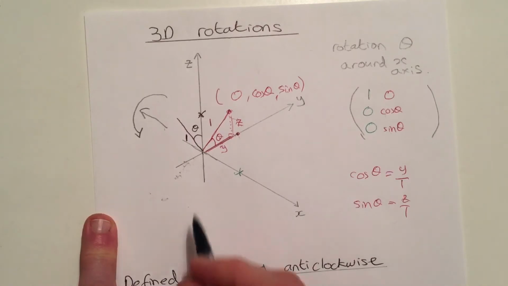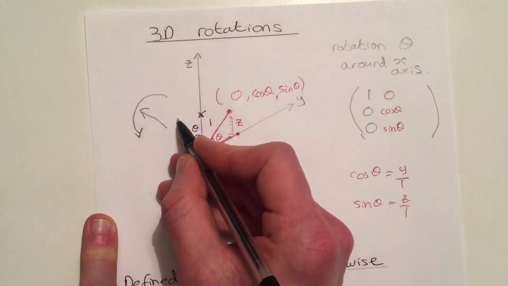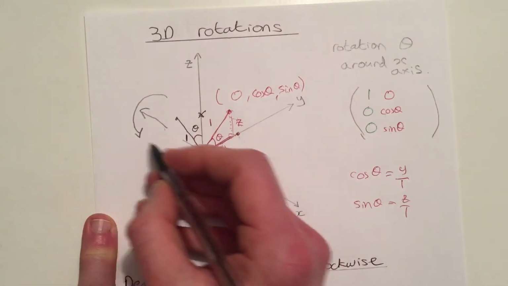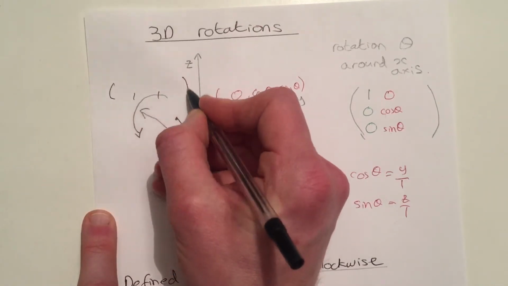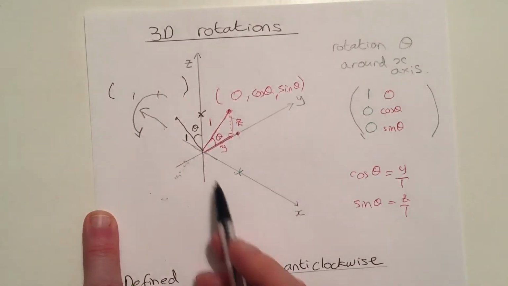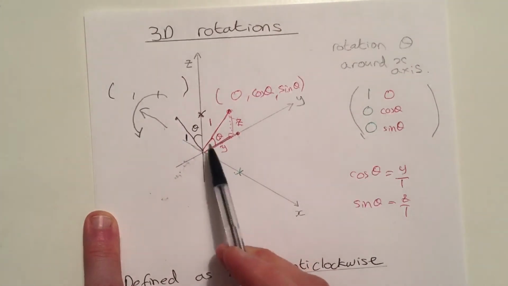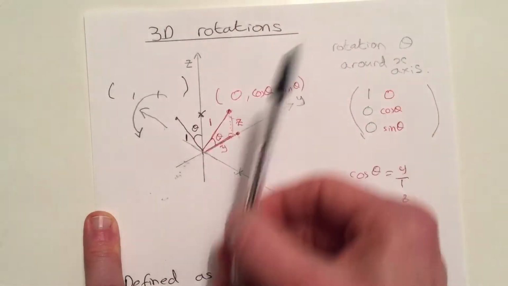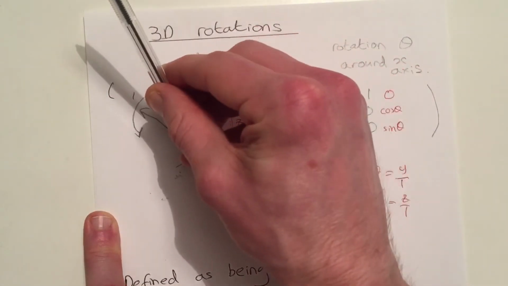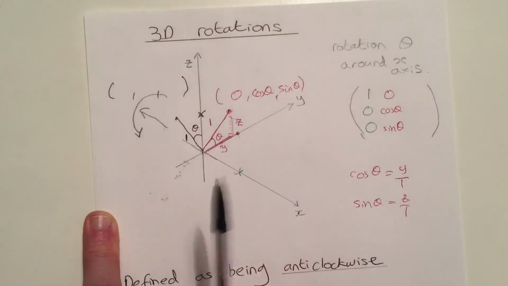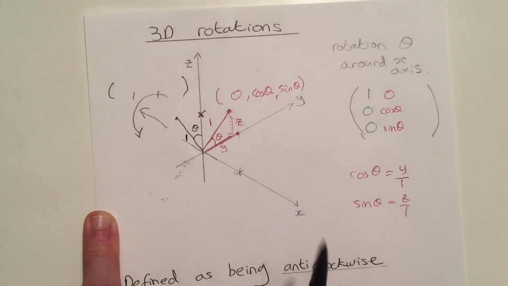And similarly as before, I want to work out this coordinate. Let me put it up here. So the x-coordinate of this point is still going to be 0 because it was originally in this YZ plane, and it's still going to be in the YZ plane when it gets rotated. It doesn't move out of the plane, so that is still going to be 0.